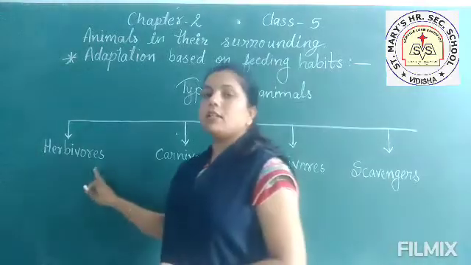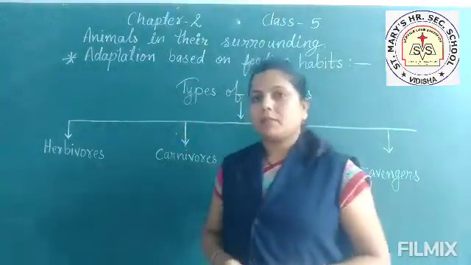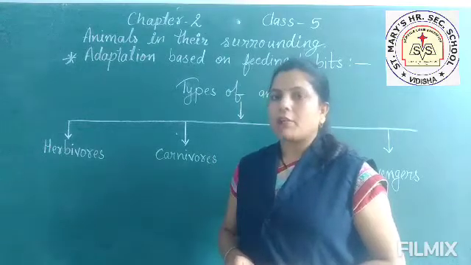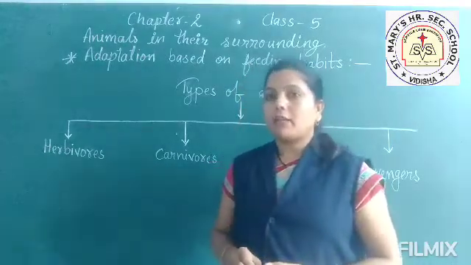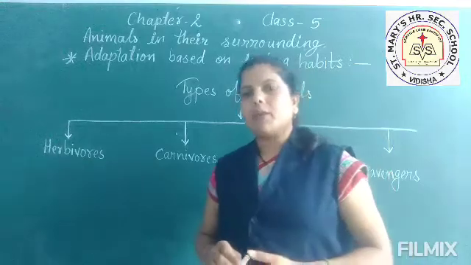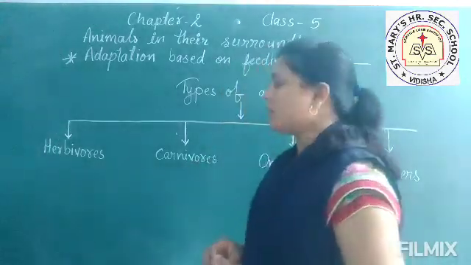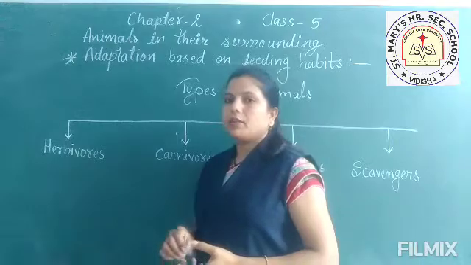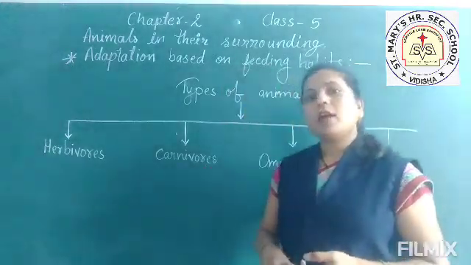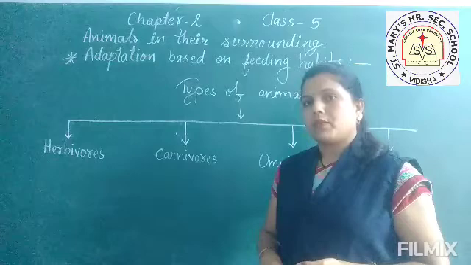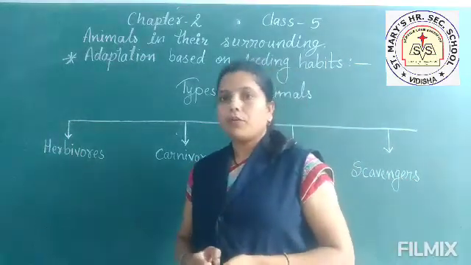Their front teeth are called incisors. They are very sharp, and their back teeth, means their molars, are broad, which help them in cutting the food or grinding the food.